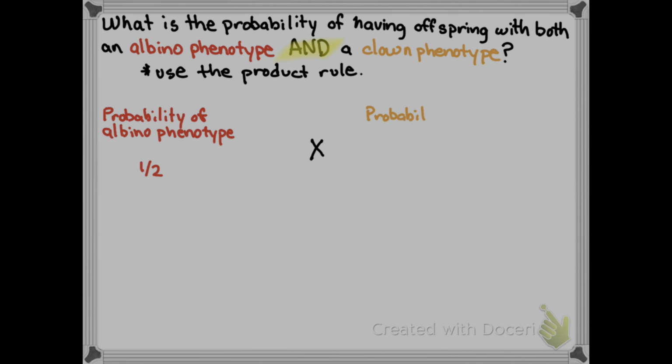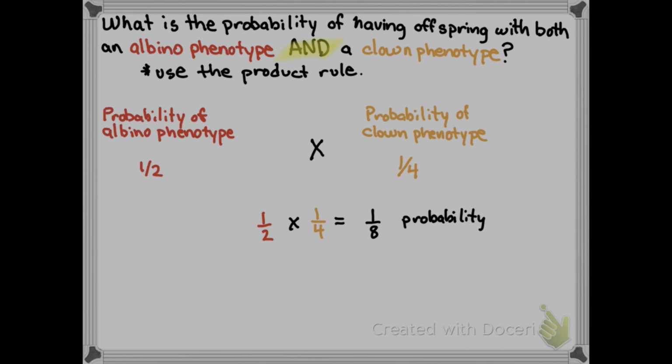And we multiply that with the probability of the clown phenotype, which you may recall was 25%, or 1/4. We multiply those two fractions together, we get 1/8. So there is a 1/8 probability of Mansa and Ahsoka producing an offspring that has both the albino and the clown phenotype.